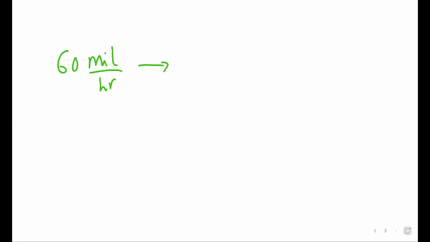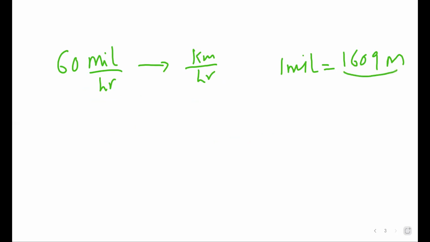So I want to know how many kilometer per hour that is. As I showed you, 1 mile is 1,609 meters. You can first convert 1 mile, the meters to kilometer, using dimensional analysis as I showed you earlier. I'll let you do that.